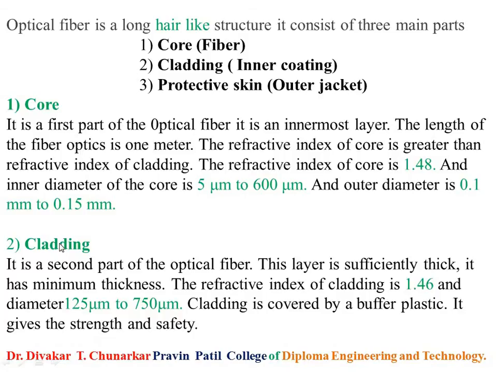Now cladding. Cladding is the second part of the optical fiber. Already we know that in the fiber there are three parts: core, cladding and protective skin. So the second part of the optical fiber is cladding. This layer is sufficiently thick. The refractive index of cladding is 1.46.